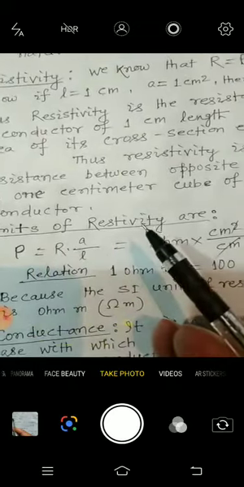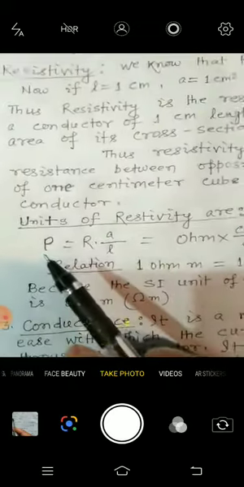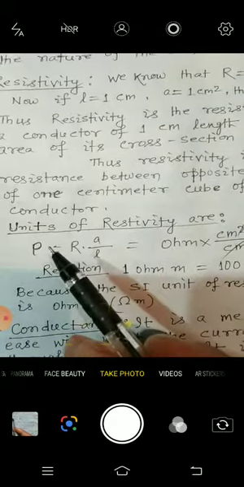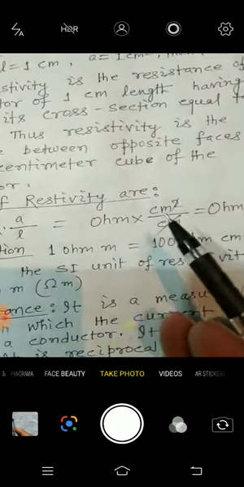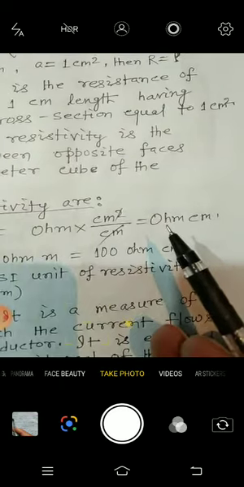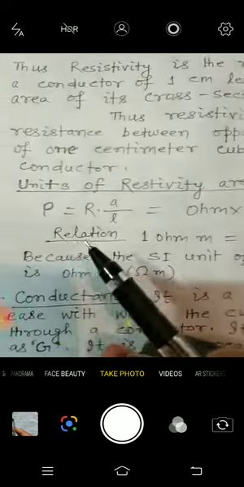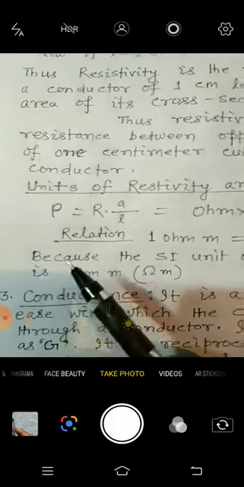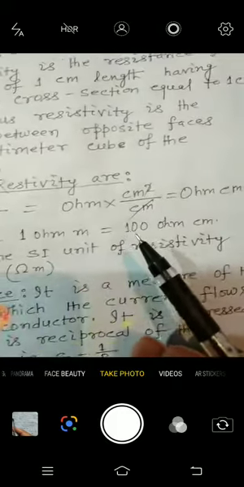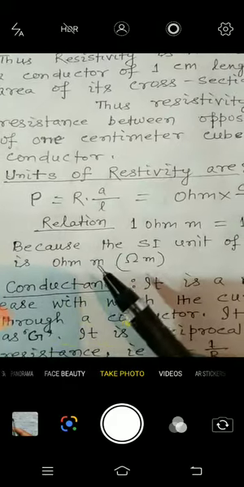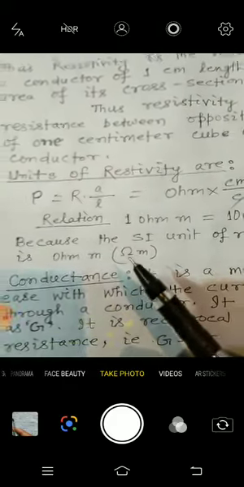Now the units of resistivity: when you equate the resistivity with the help of this equation, you will get the unit ohm cm, because 1 ohm m is equal to 100 ohm cm, and the SI unit of resistivity is also ohm meter. This is denoted like this.